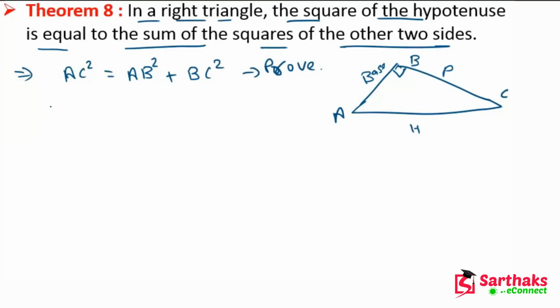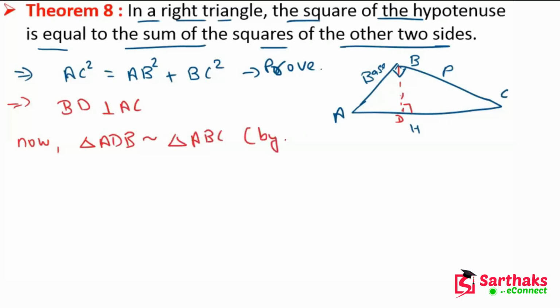How can we prove this? Let's start. First of all, we have to draw a perpendicular line on the hypotenuse at point D. So we can write BD is perpendicular to AC. Now triangle ADB is similar to triangle ABC by theorem 7.